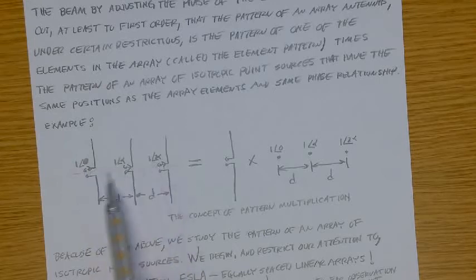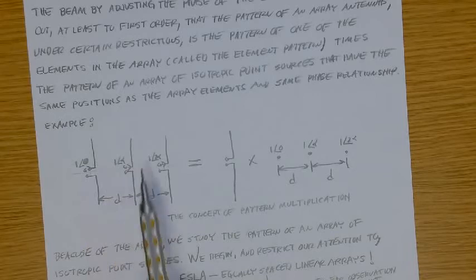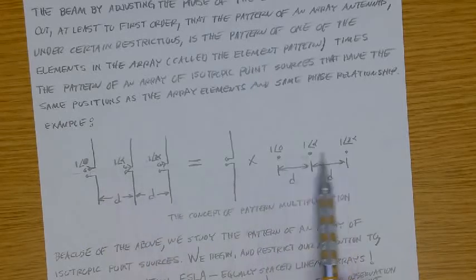So we say UE, uniform excitation, and then we say ESLA, equally spaced linear array. So uniform excitation, they all have weight 1, equally spaced between the elements of the array of point sources, and it's a linear array, they're in a line.